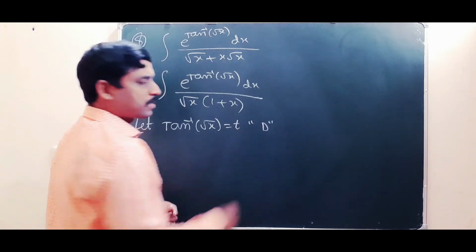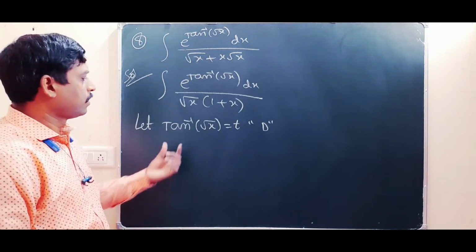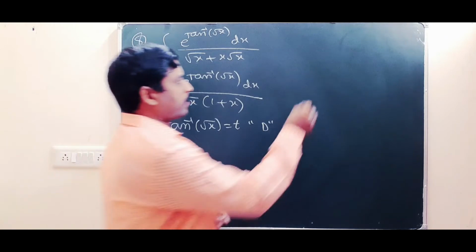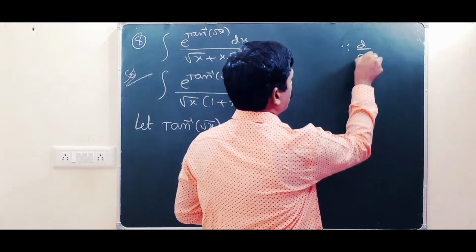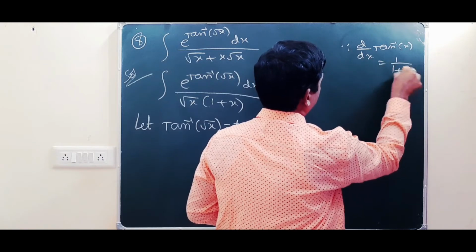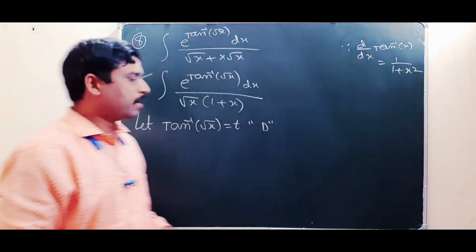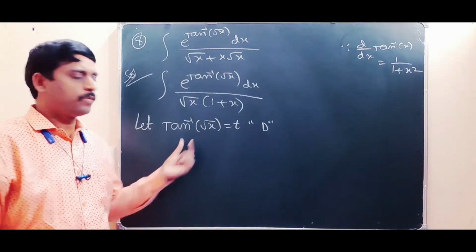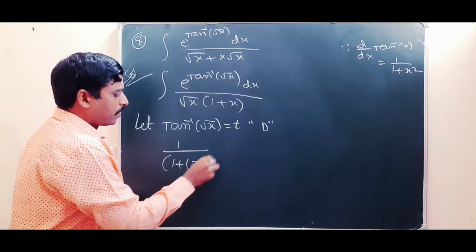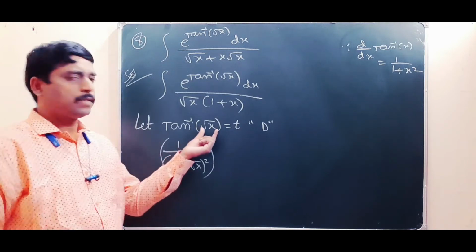Now differentiation on both sides with respect to x. The formula for differentiation of tan inverse x is 1 by 1 plus x square. So differentiation of tan inverse of root x is going to be 1 by (1 plus root x whole square) into the differentiation of root x.